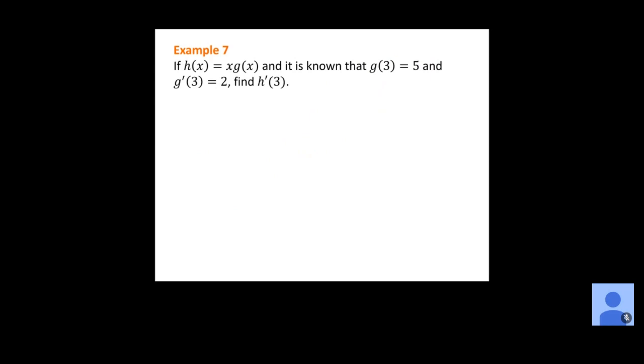Okay. So a lot of stuff given here, right? But it's kind of tricky to look at and think about, well, our h of x is in terms of g of x, right? What do you think we might want to do first here, though, based off of what we're trying to find?